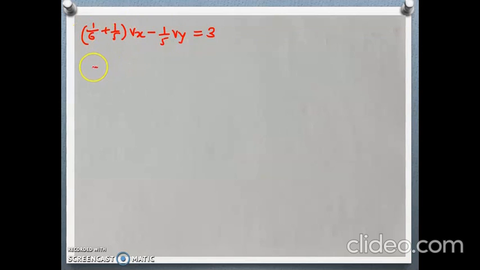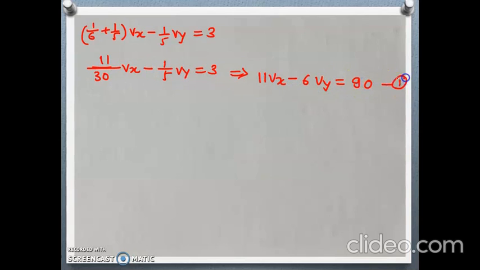Let's take the LCM, which is 6 into 5, 30. So this will be 11 Vx minus, by rearranging these terms, we will get 11 Vx minus 6 Vy equals 90. This will be our first equation at the X node.